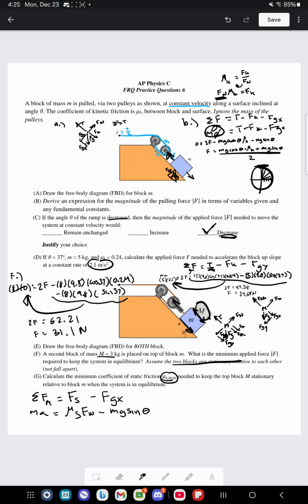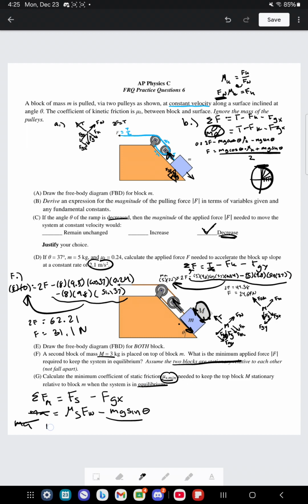We know that the Fn is equal to Fgy, so I'm going to add this over to the other side just to simplify things, and that is equal to 0 because we want the system in equilibrium, which means its acceleration is 0.